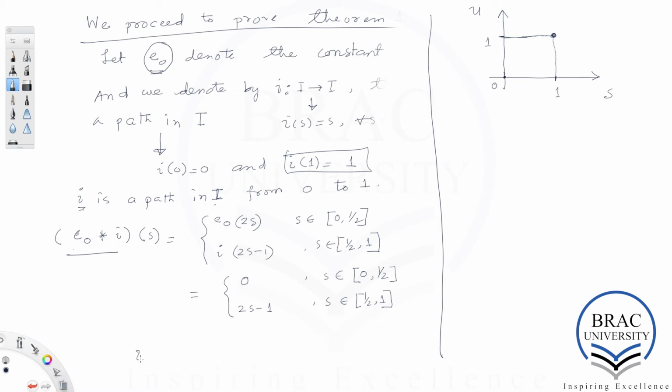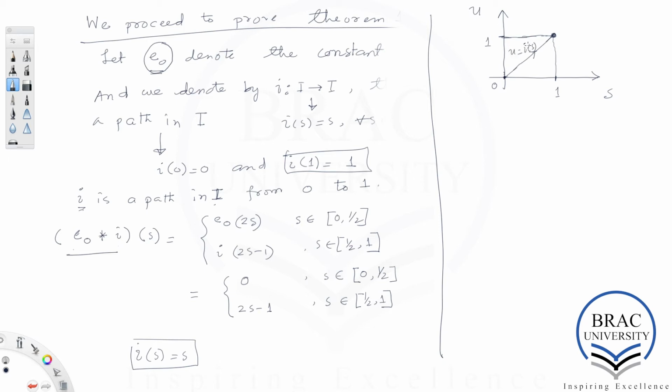We know that I of S is equal to S, the identity map. So this is just a straight line going through the origin, making an angle of 45 degrees with the x-axis. This straight line represents the identity map, U equal to I of S.